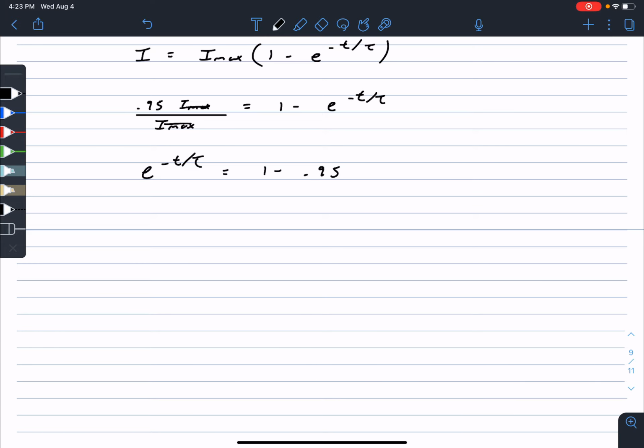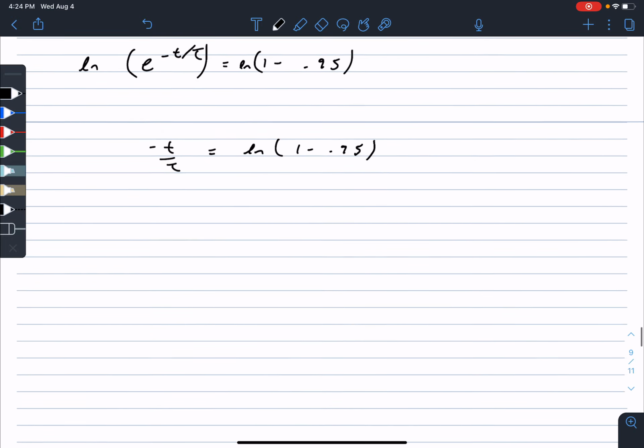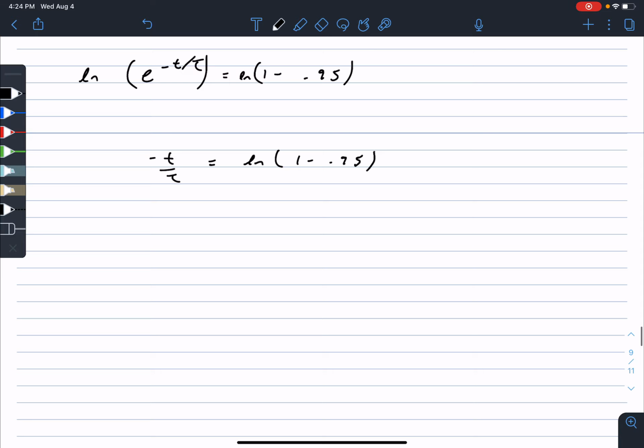Then we take the natural logarithm of both sides, and we end up with negative t over tau equal to the natural log of 1 minus 0.95. We're solving for t, and we know what tau is.